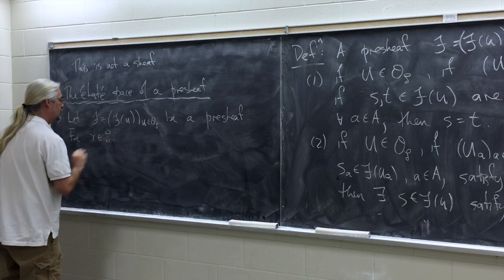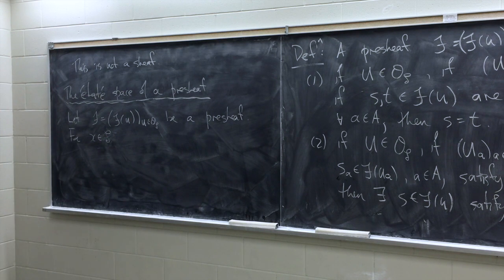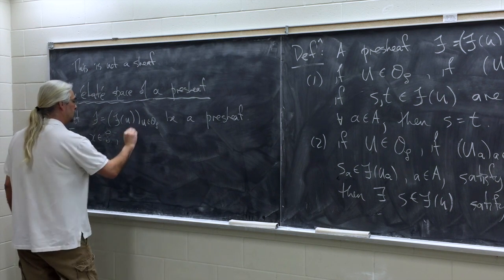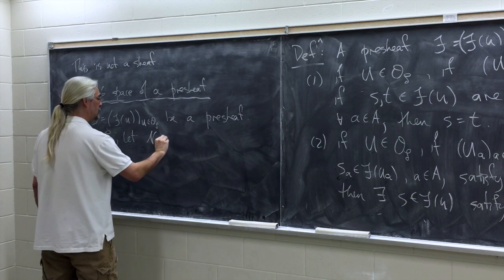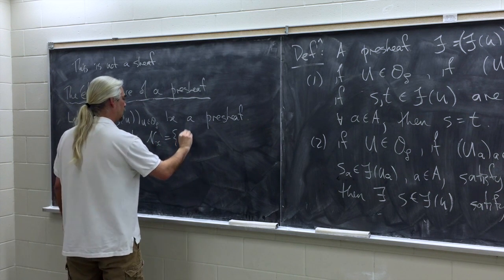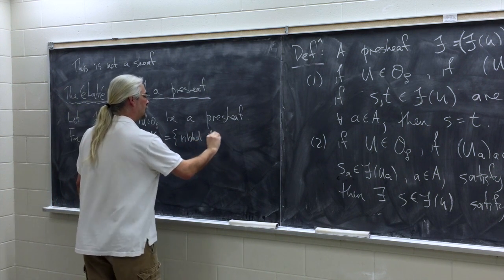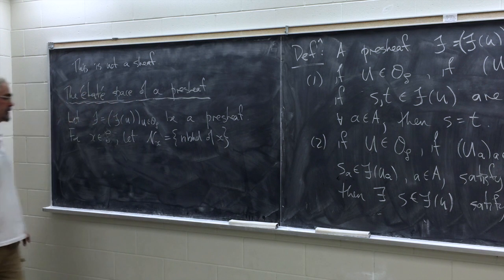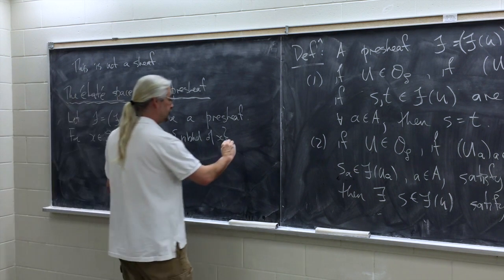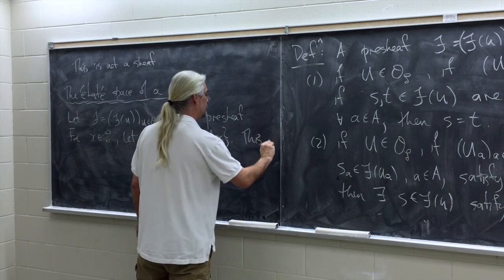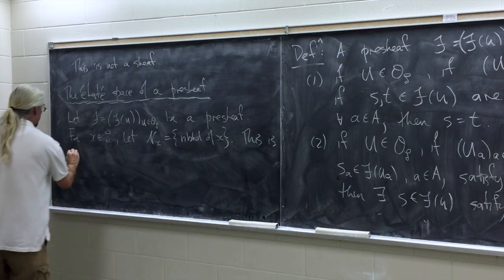Okay, so for the time being, we'll stick to talking about topological spaces. So I take a point X in S. Okay, so N sub X will be the set of neighborhoods of X. This is a directed set.